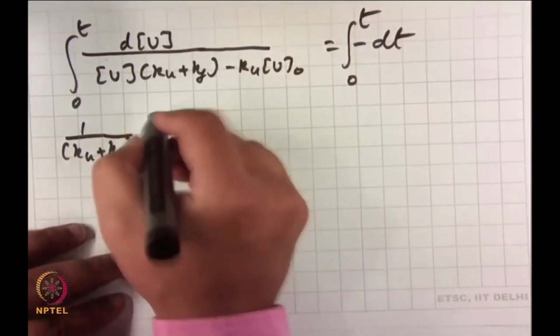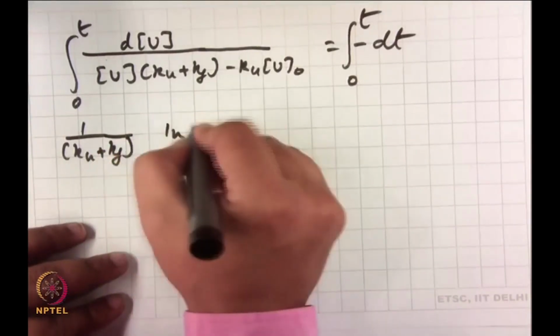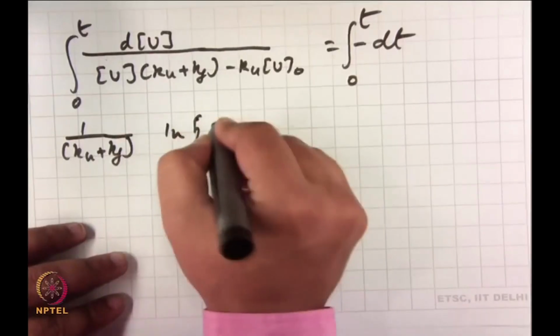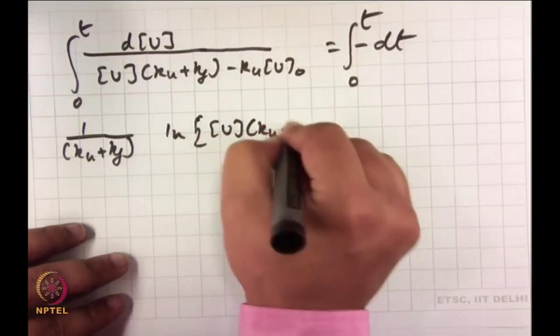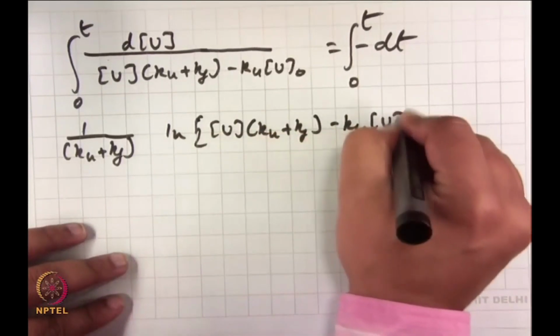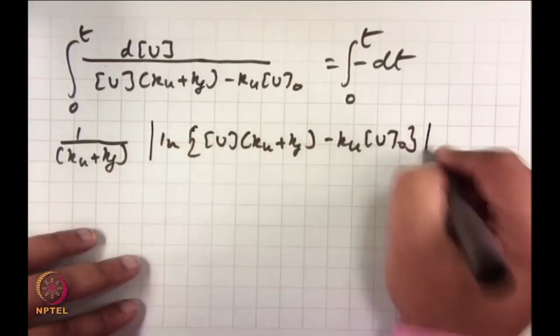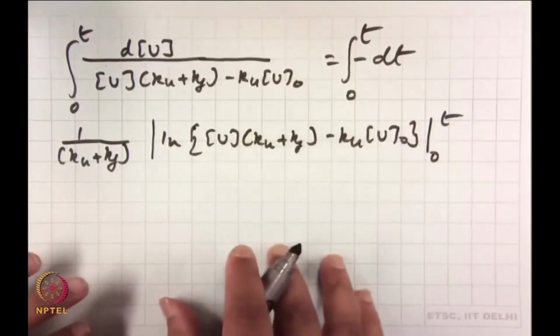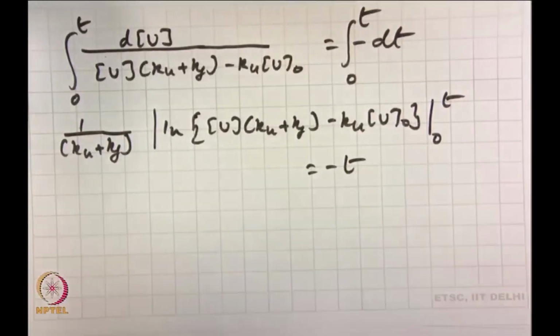Then let me write this natural log of k u plus k f times concentration of u minus k u u naught, and this has to be evaluated from 0 to t. This is equal to minus t. Doable, right? A simple integration.